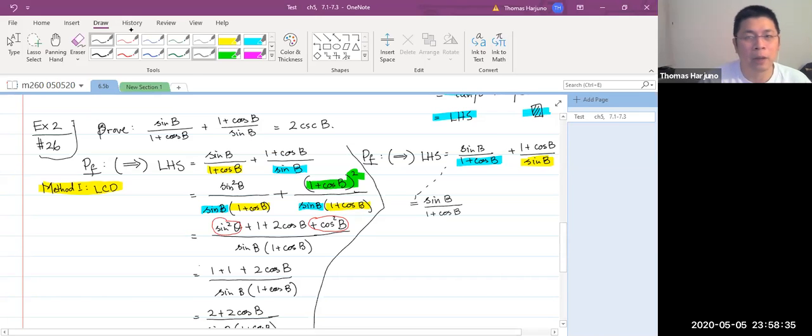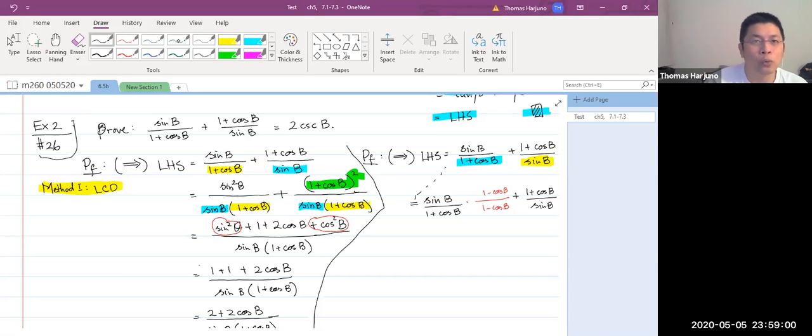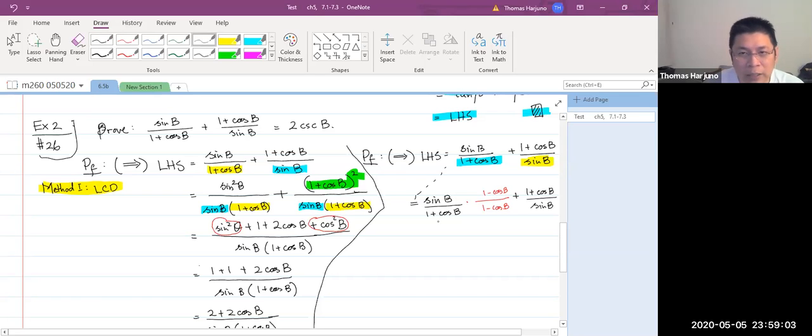I multiply by 1 minus cosine B over 1 minus cosine B. And for the second fraction, I just leave it like that. Now why do you do that? Well, because when I multiply this, I get a difference of squares, and that's a very nice difference of squares.